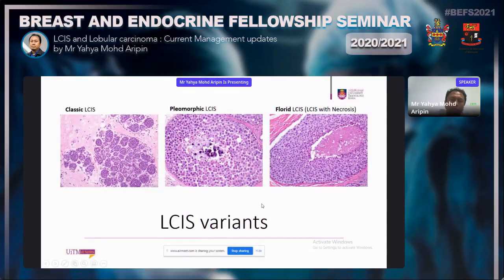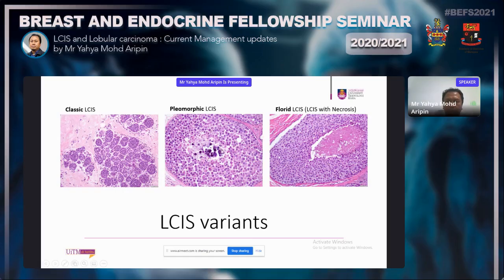You have to know a few terminologies when we deal with LCIS. LCIS can have different variants. We have classic LCIS, which is the most common type of LCIS. We also have pleomorphic LCIS.